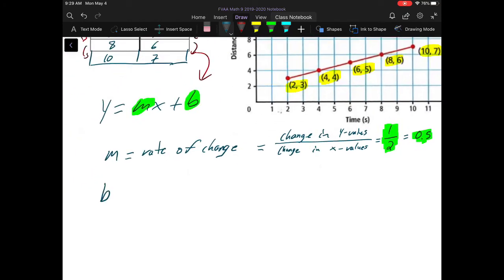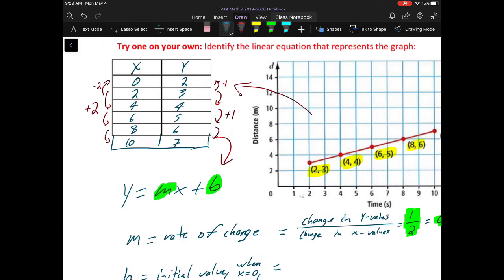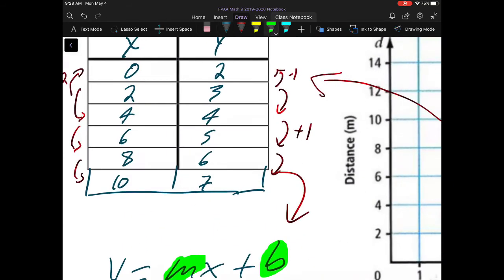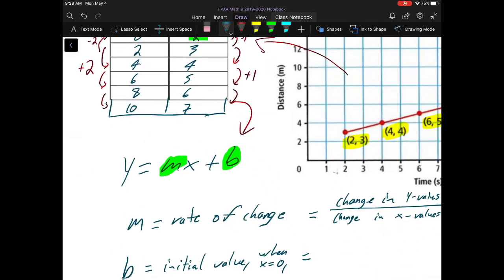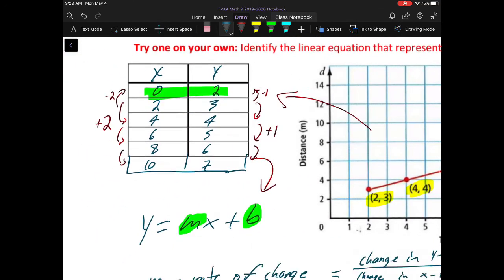And then my b value, which is the initial amount or initial value when x is equal to 0, also my y-intercept, but in this situation that's not applicable because the line does not give me a y-intercept. But I can see when x is equal to 0, y is equal to 2. I was able to determine that based on how the x changes and the y changes.